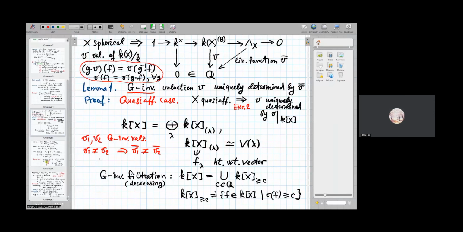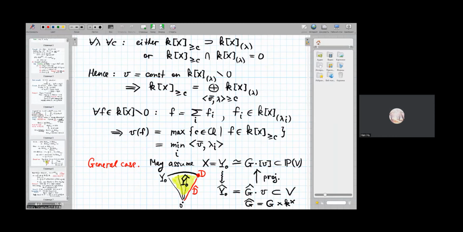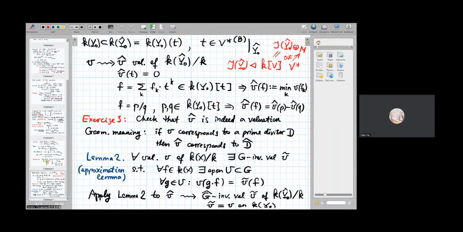Oh, and another question. Why is the function field of y naught hat constructed by adding a linear function to the function field?